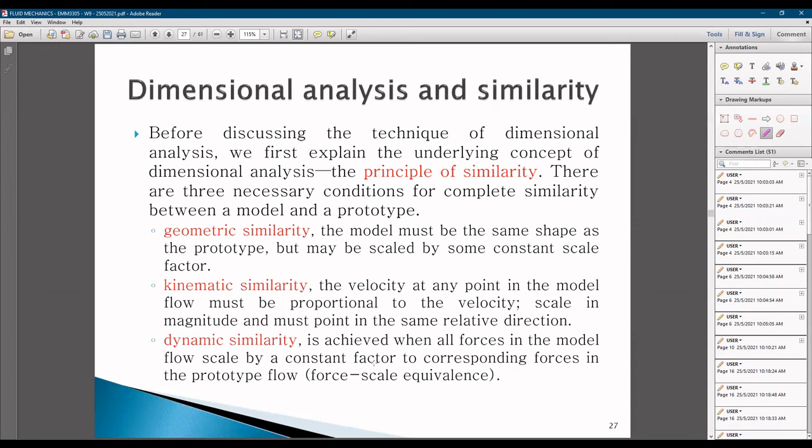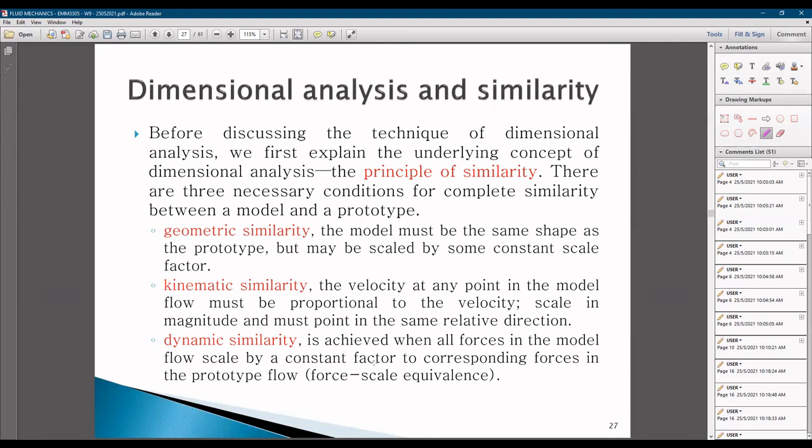Okay, now the next part is the kinematic similarity. The velocity at any point in the model flow must be proportional to the velocity scale in magnitude and must point in the same relative direction. Kinematic similarity. I know you have learned dynamics in the previous semesters, and you know what kinematics is. Kinematics is the motion, right? So it means if the things that you want to measure move, let's say it is rotating.